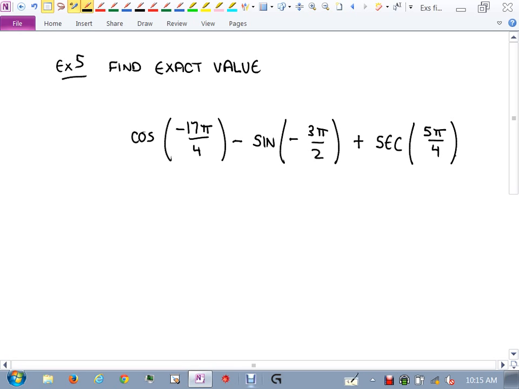This is basically 3 problems in one, so let's see how quickly we can knock out these values.